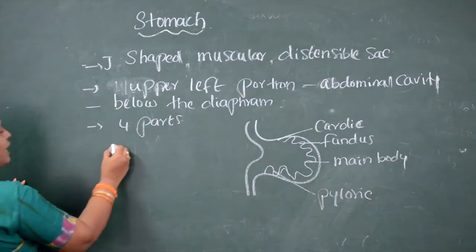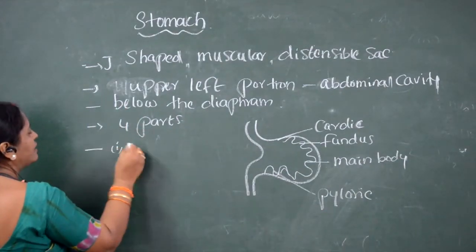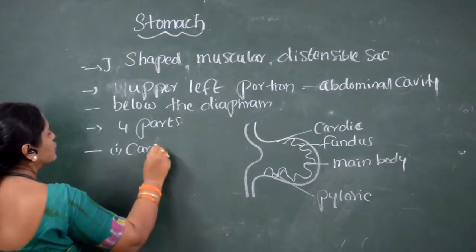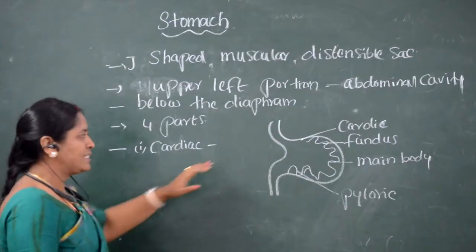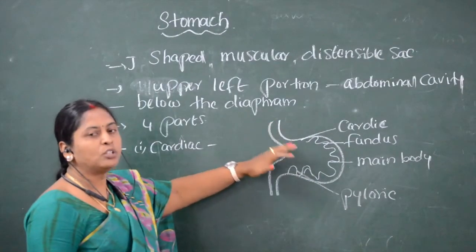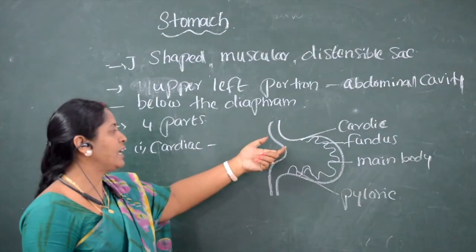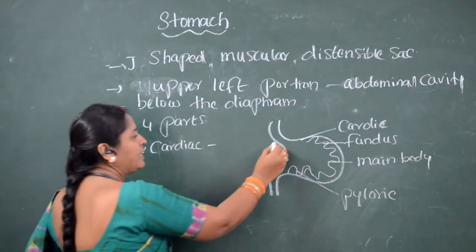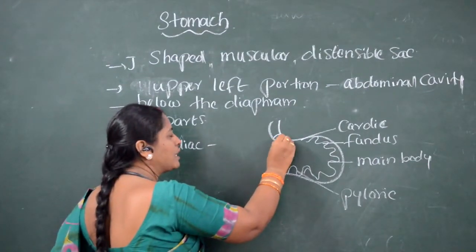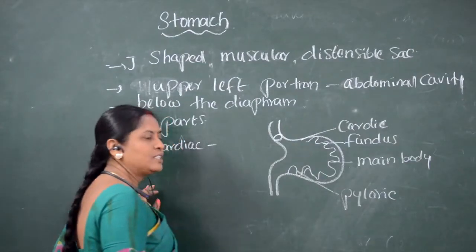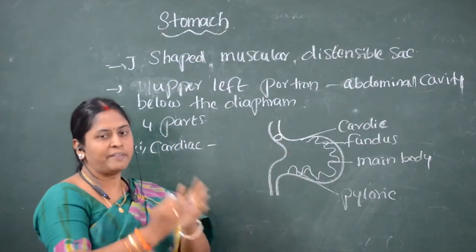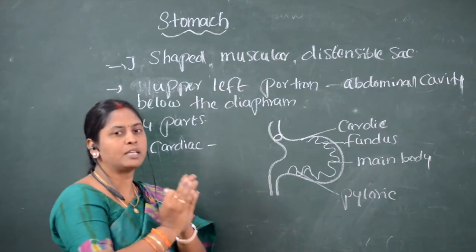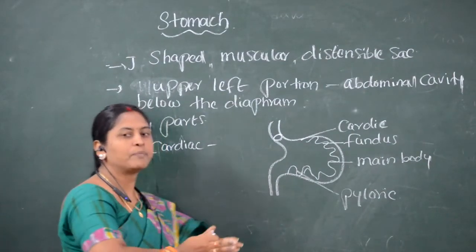The first part is the cardiac stomach. The cardiac stomach is present below the esophagus, or we can say the esophagus leads into the stomach. The first portion of the stomach, where the esophagus enters, is the cardiac stomach.